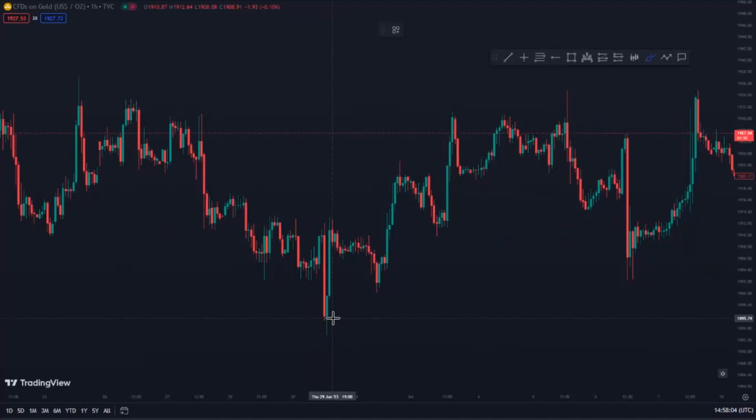This is the 1 hour time frame, and just by looking at this chart, understanding the nature of price, you can see this is our impulsive phase, this is the correction, this is the impulse. Again, this is the correction, the impulse, this is the correction right here, and then this was just a bigger structure.